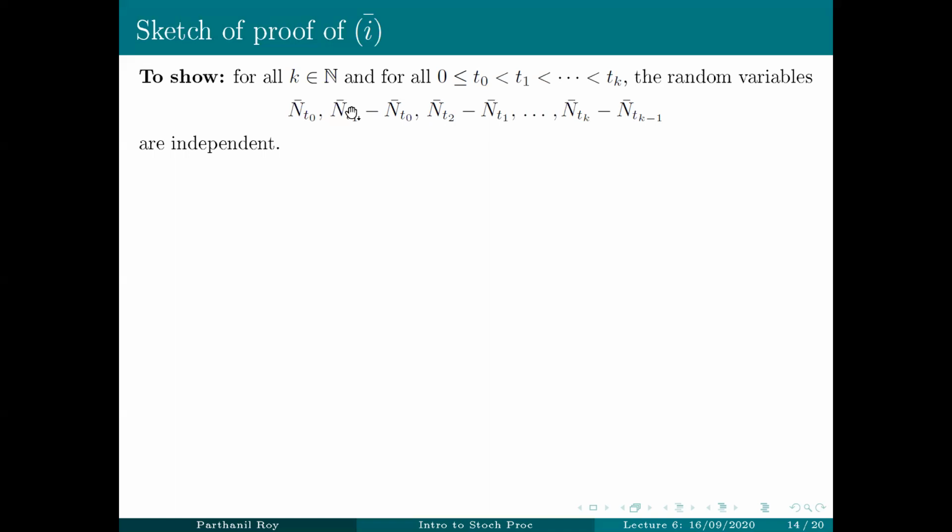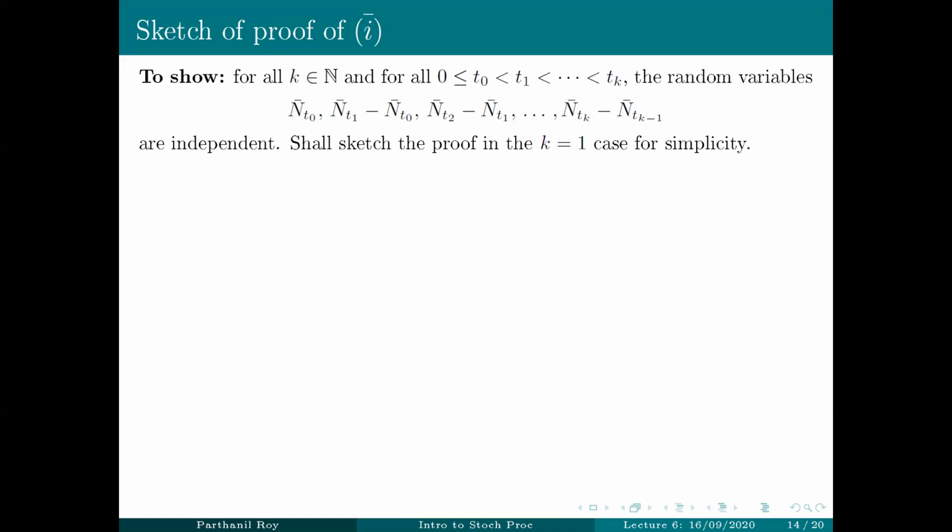We have to show that the increment random variables, namely n bar t0, n bar t1 minus n bar t0, n bar t2 minus n bar t1, all the way up to n bar tk minus n bar tk minus 1 are independent. This is the independent increments.